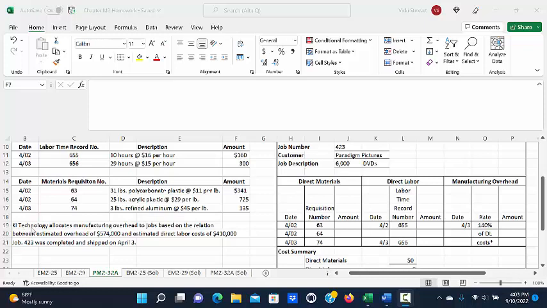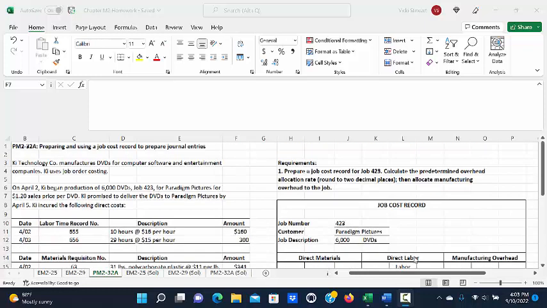It also states that Kai Technology allocates manufacturing overhead to jobs based on the relation between estimated overhead of $574,000 and estimated direct labor cost of $410,000. Job 423 was completed and shipped on April 3rd.